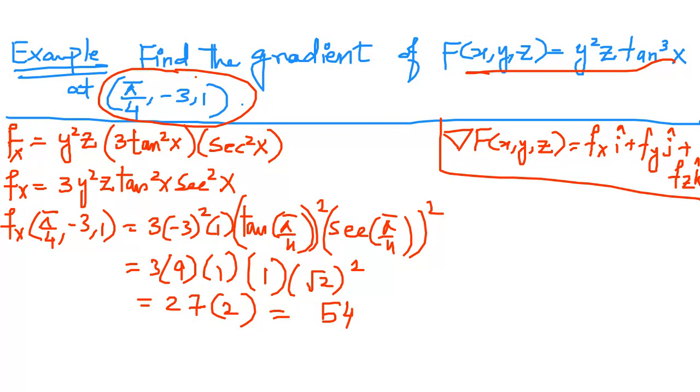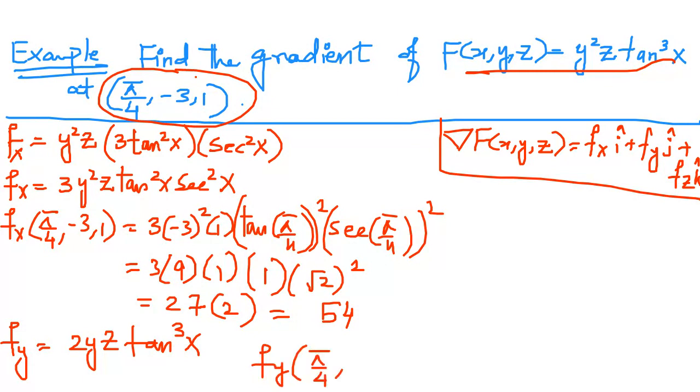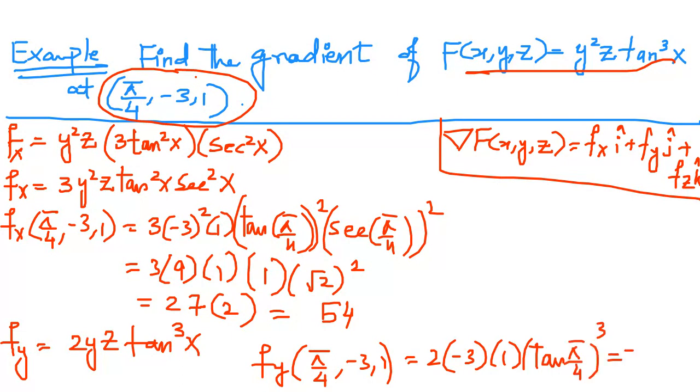Okay. Similarly, you can find the partial derivative with respect to y. It is 2yz tangent cube x. If you substitute the point pi by 4, minus 3, and 1, you will get 2 multiplied by minus 3 multiplied by 1 multiplied by tangent of pi by 4 power 3, which is minus 6 multiplied by 1, that is minus 6.